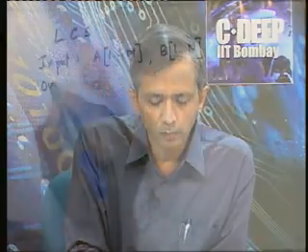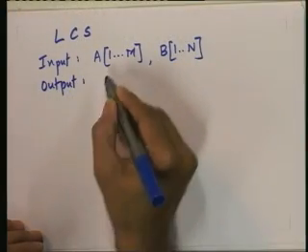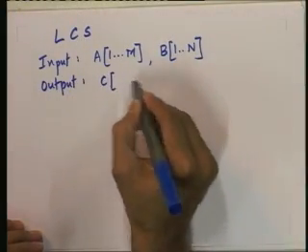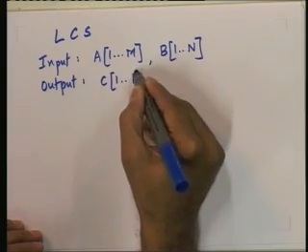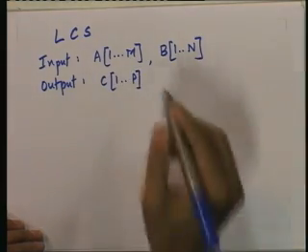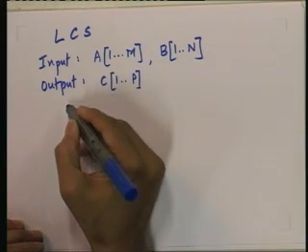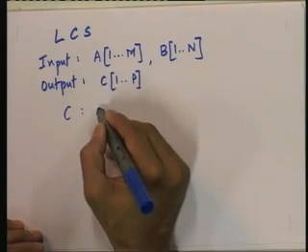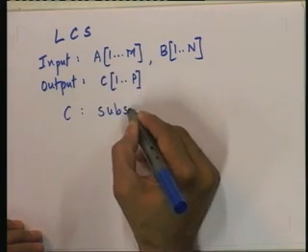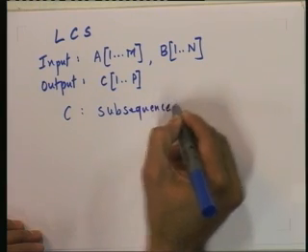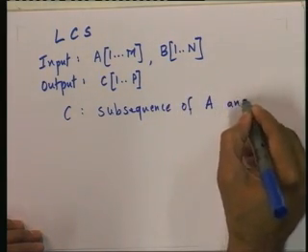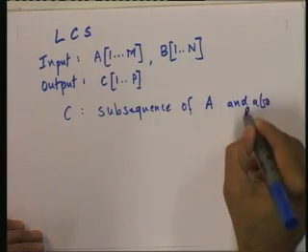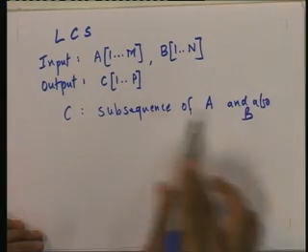The output is also going to be a string. Let me call it C and say it will have some length p which is as yet unknown, and we require that C have the following property. C should be a subsequence of A as well as B. That is what a common subsequence is.